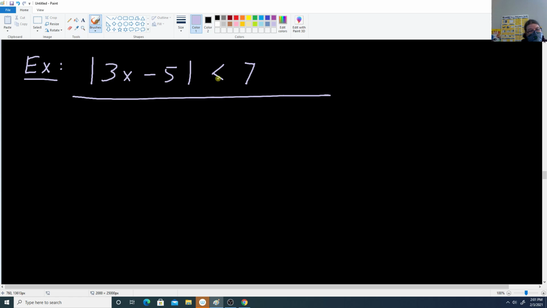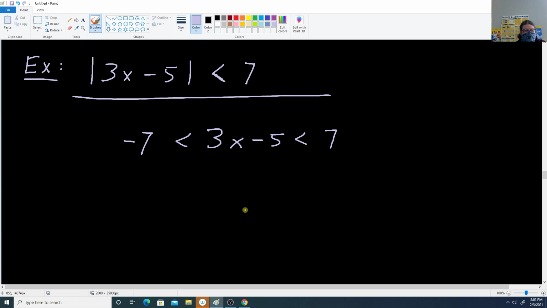So when you want to solve one of these where you're comparing the absolute value is less than a positive value, what ends up happening is the inside of the absolute value gets stuck in between the negative of the number here and the positive of the number there. So we get negative 7 is less than 3x minus 5 is less than positive 7.